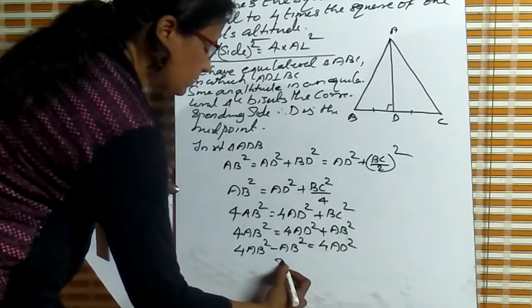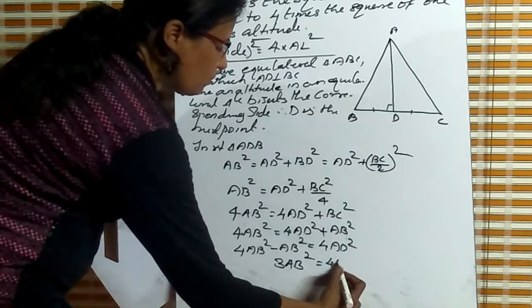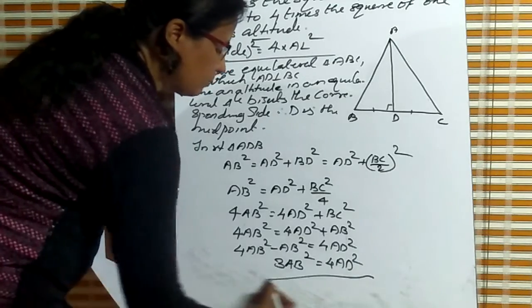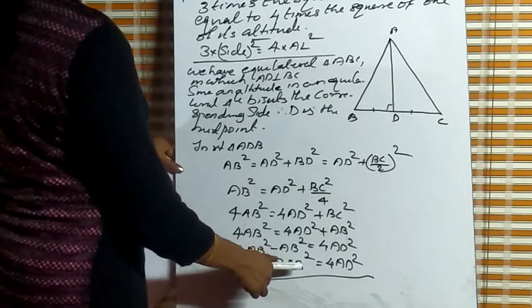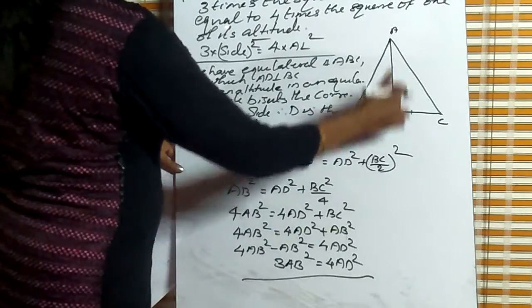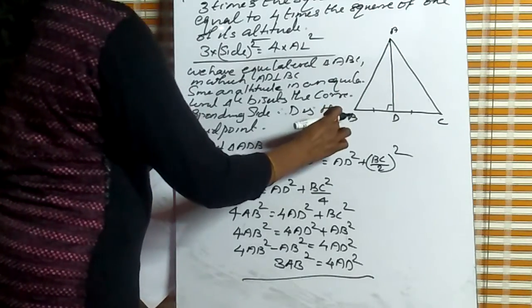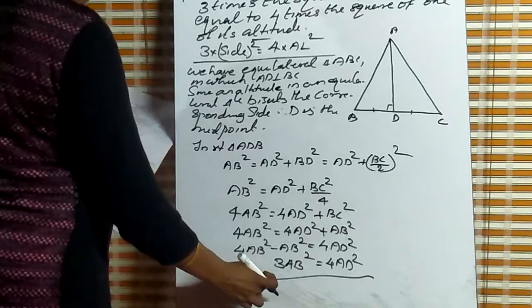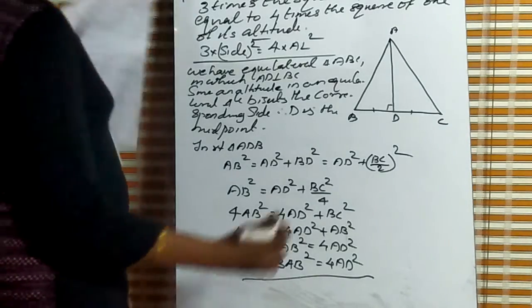What is 4AB square minus AB square? 3AB square is equal to 4AD square. That means in an equilateral triangle, 3 times the square of one side is equal to 4 times the square of the altitude. Here the altitude is AD and one side is AB. So 3 times AB square is equal to 4 times AD square.